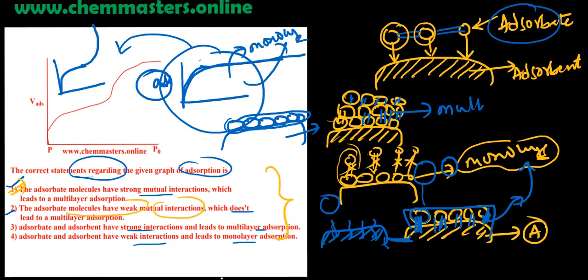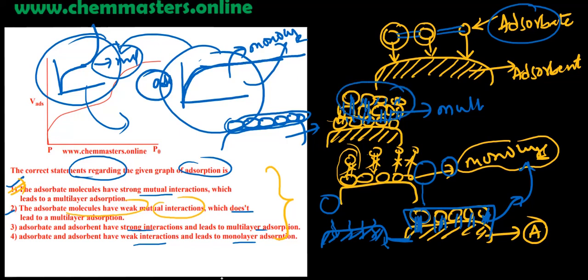That means adsorption keeps going. This is due to multilayer adsorption, which is only possible when there are strong interactions between adsorbate molecules. So this graph indicates multilayer adsorption, due to strong interactions between adsorbate molecules.